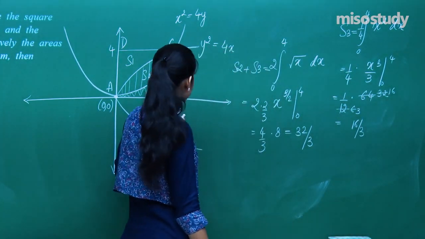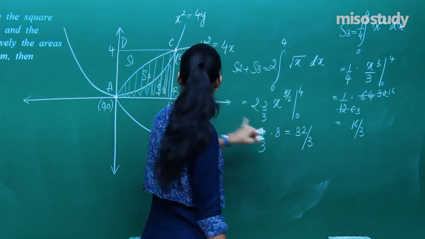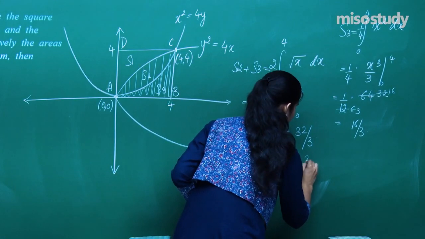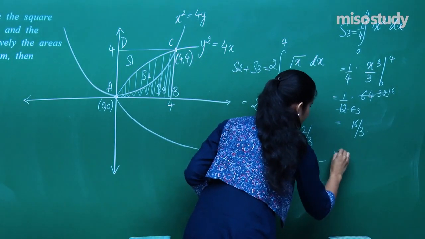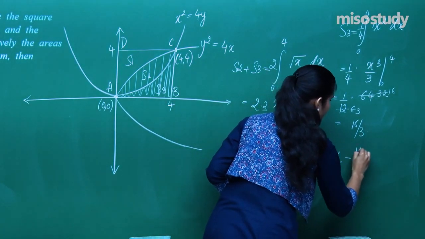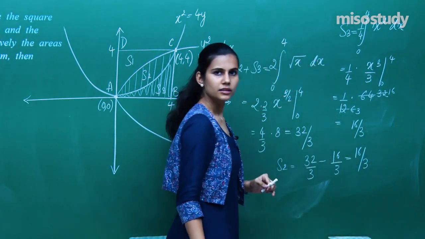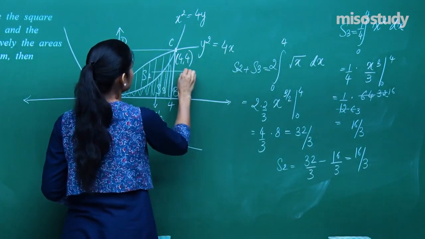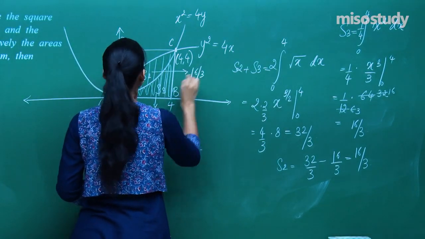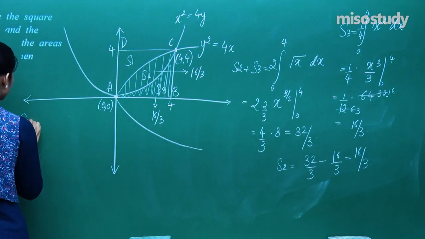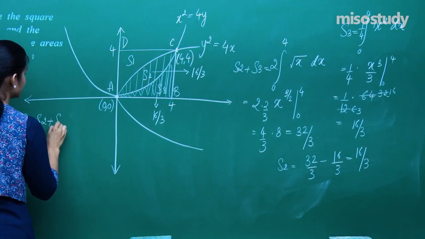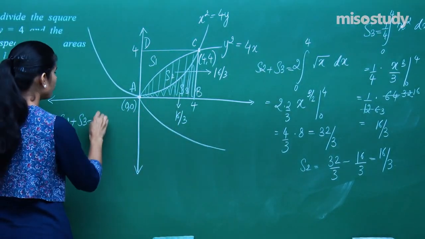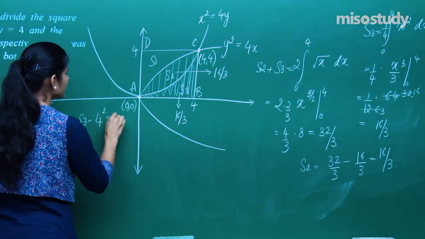Now S2 plus S3 is 32 by 3, S3 is 16 by 3, so S2 is S2 plus S3 minus S3, which is again 16 by 3. So S3 is 16 by 3, S2 is 16 by 3. Now you know that S1 plus S2 plus S3 is actually the area of this complete square with side length 4, so it is 4 square which is 16.